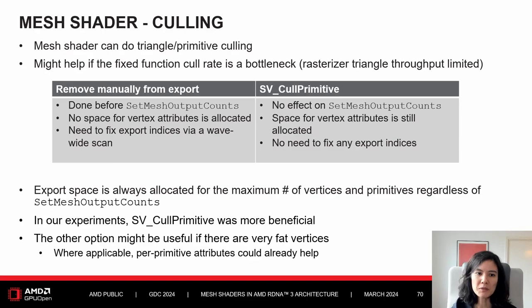However, the other option, to cull manually, might be interesting if you have very fat vertices. If you have very fat vertices, you might also want to look at per primitive attributes. An example of where they could be used was presented by Max earlier when he talked about rendering quadrilateral primitives.